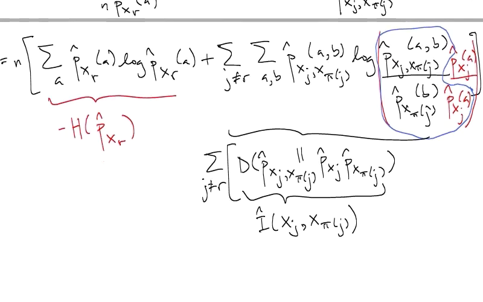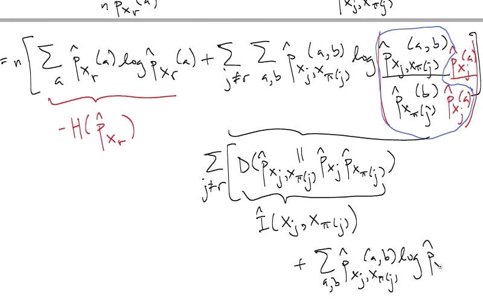So we have this plus the sum over a and b of p hat xj x pi j of a, b times log of now just the red guy, so p hat of xj of a. Note that we have a summation over a and a summation over b.